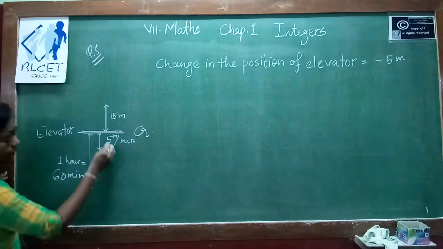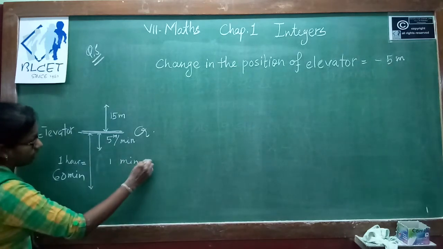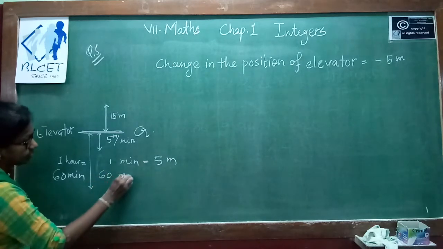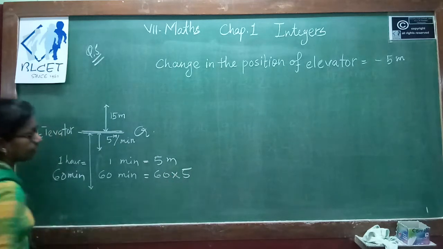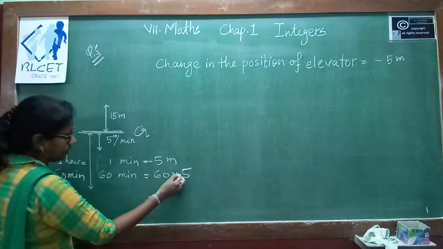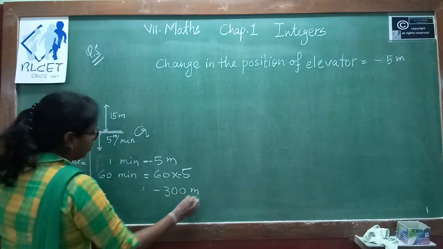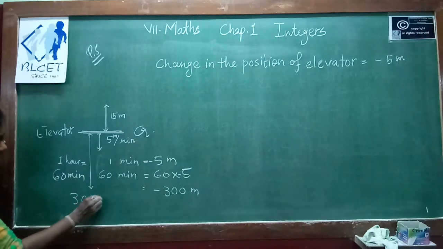If in 1 minute it can cover 5 meter distance, then in 60 minutes how much distance can it cover? 60 multiplied by 5. Since it is moving in the downward direction, it is -5 into 60. So what is the answer? -300 meter.